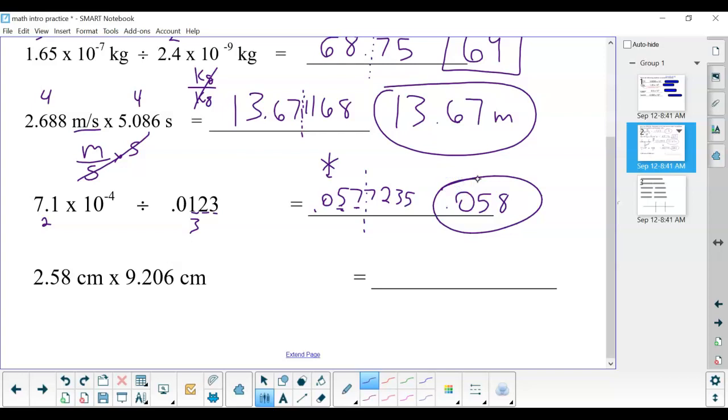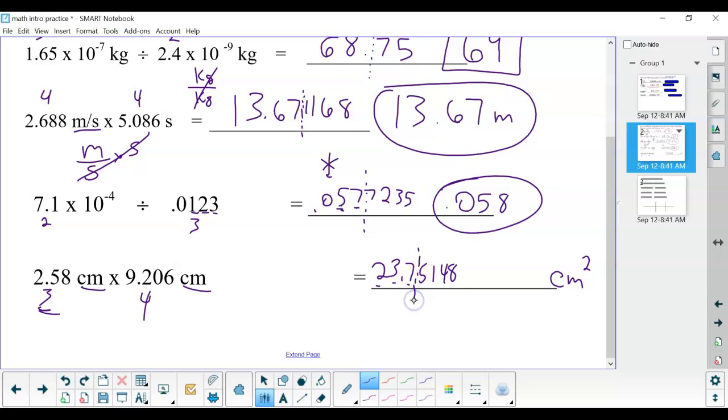On this last one, 3 significant digits, 4 significant digits, centimeters times centimeters. So I know my unit's going to be centimeters squared. 2.58 times 9.206 equals 23.75148. 3 significant digits in my answer, so I count 1, 2, 3.